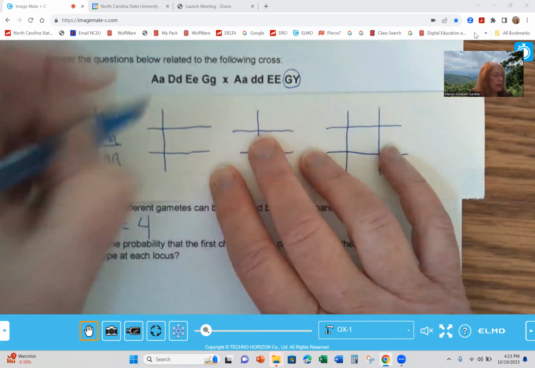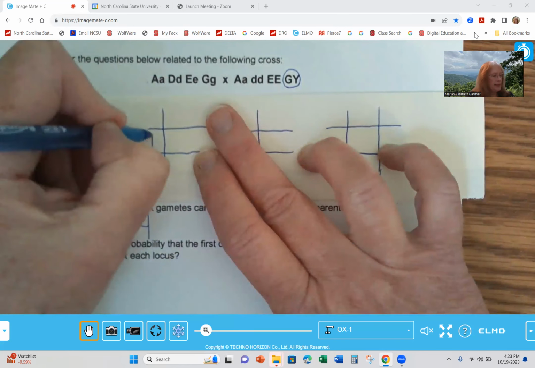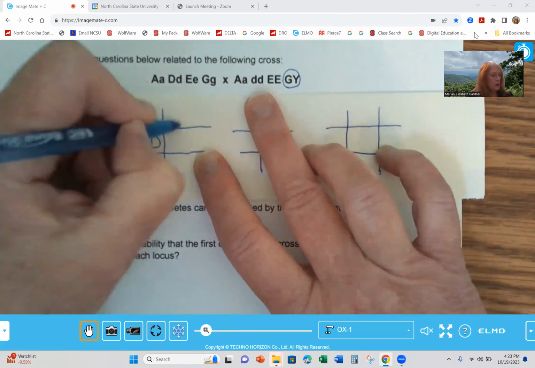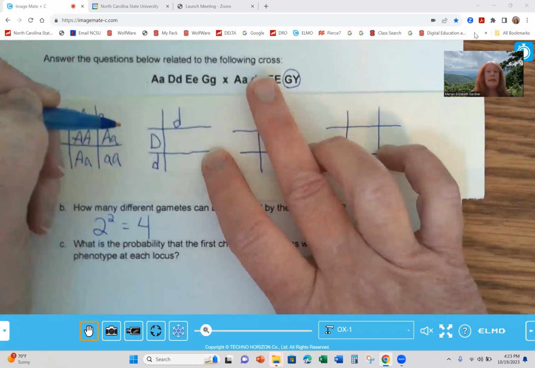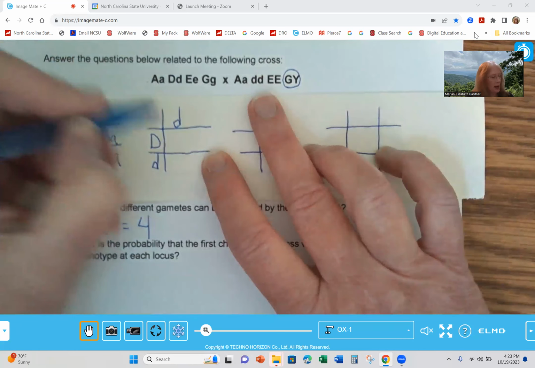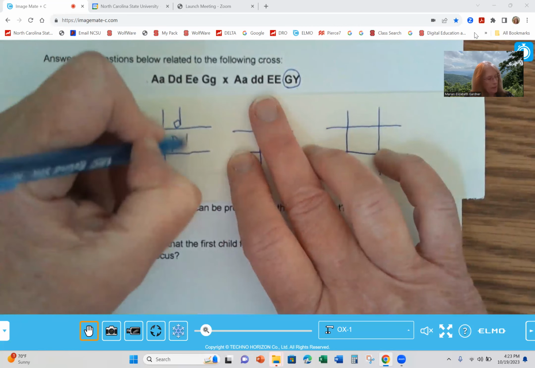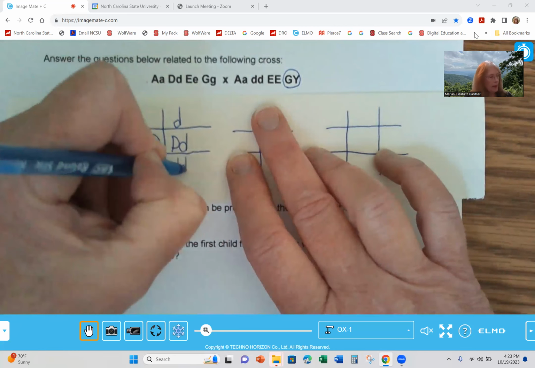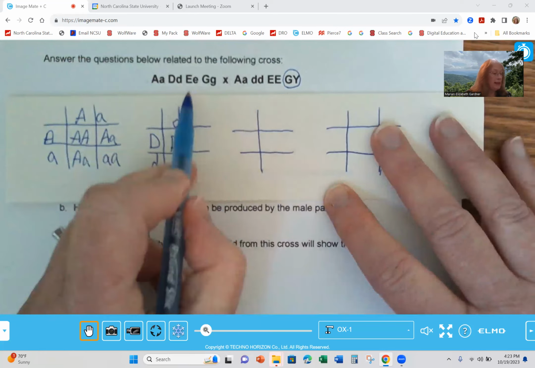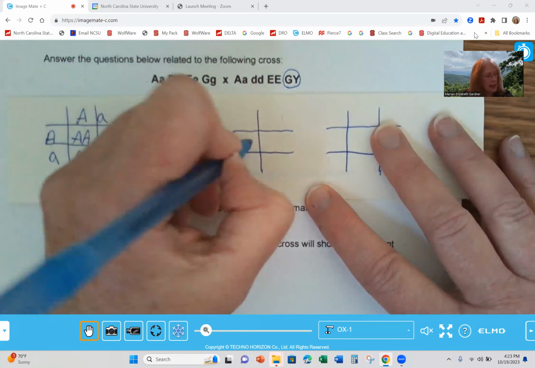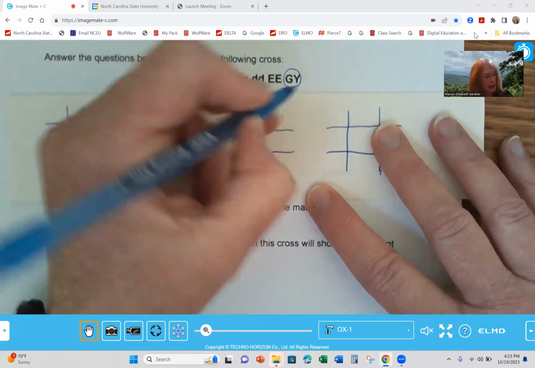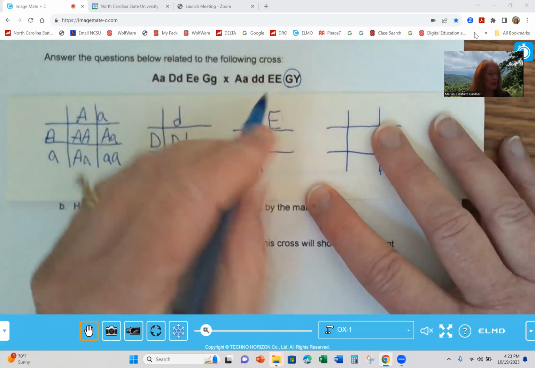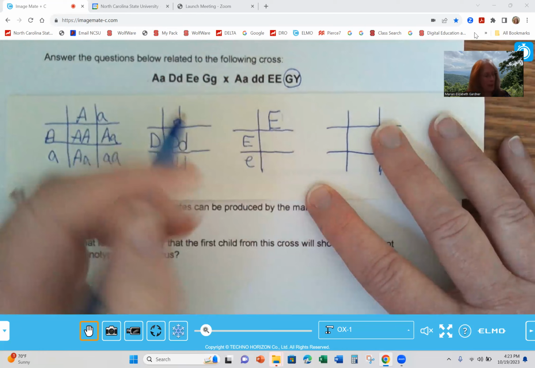For the D locus, we have big D crossed to little d. So there's only one gamete type from this second parent. For the E locus, we have big E crossed to big E. So there's only one gamete type here as well.